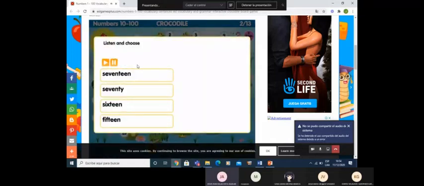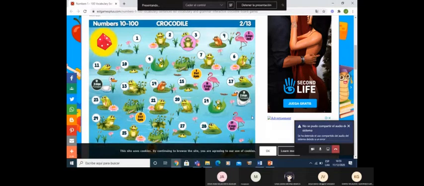And here it asks for the number 17, and we have to choose the correct spelling of 17, and we can continue. Okay, and this again allows us to test our memory on the listening or reading of numbers in English. To try it, you can.